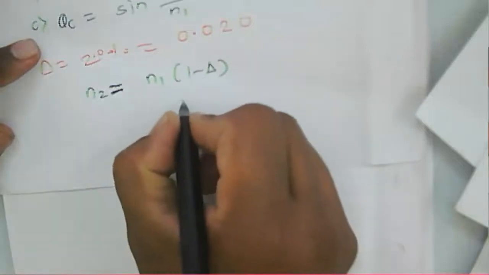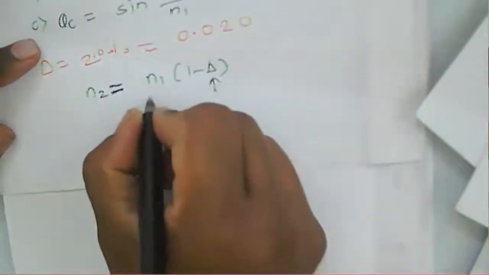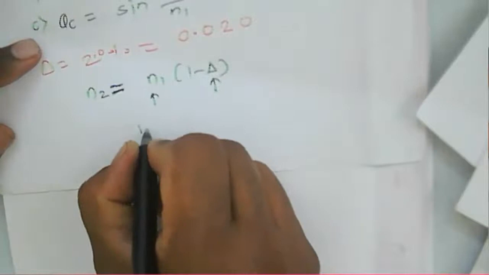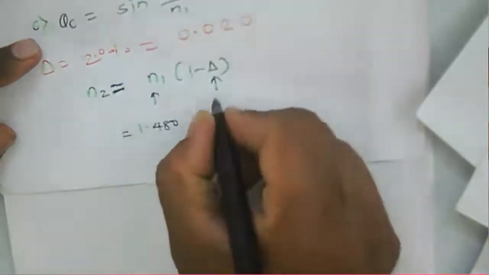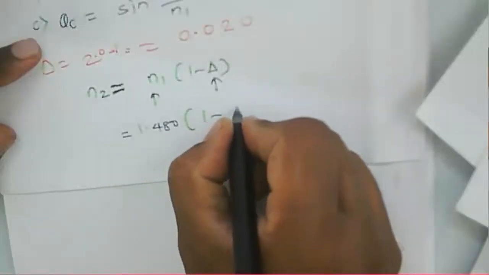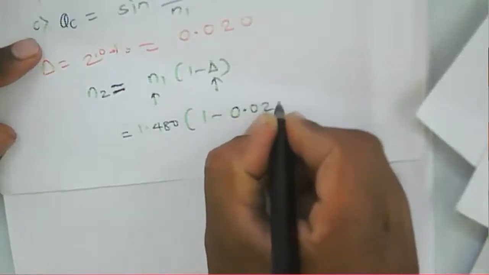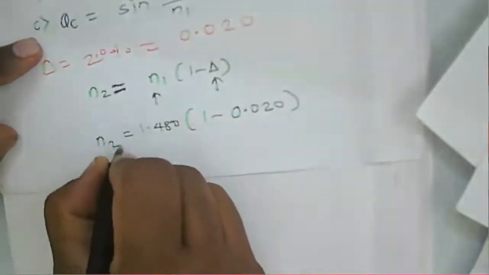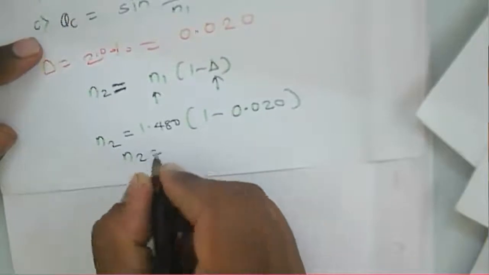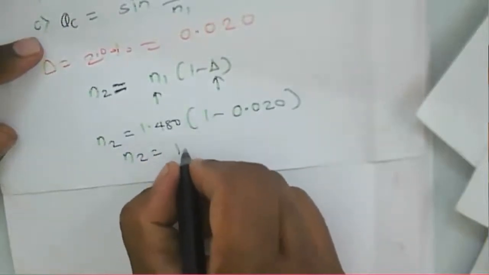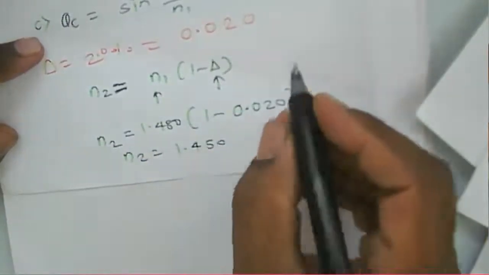Now what is the del here? N1 is 1.480 and del is 0.020. Then we'll get N2. After solving, N2 will be 1.450.